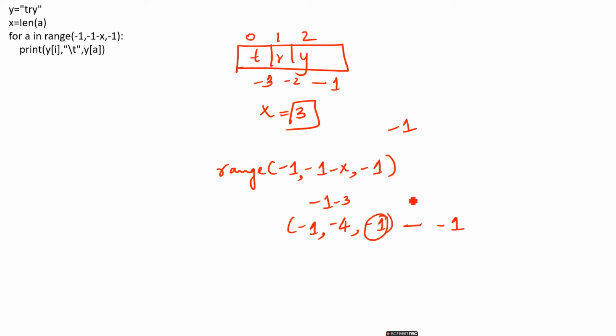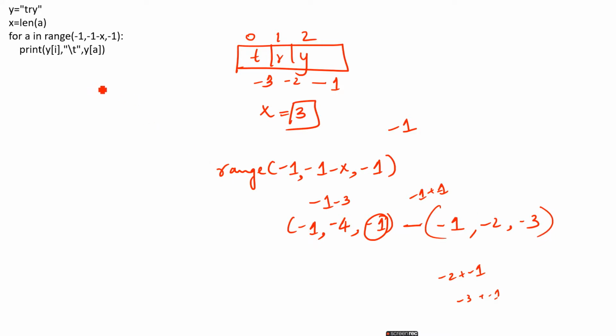Next, step value -1, so -1 plus -1 will be -2. And now -2 plus -1, it is -3. Now -3 plus -1, it is -4. We come to the end value and we will not take the end value. So the values from the range function will be -1, -2 and -3.